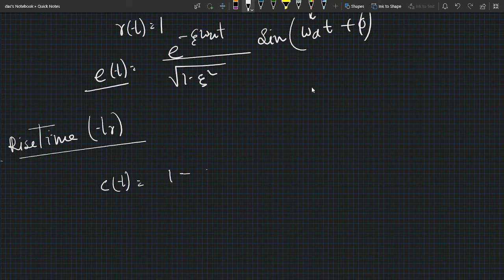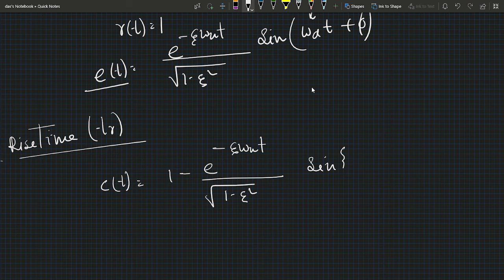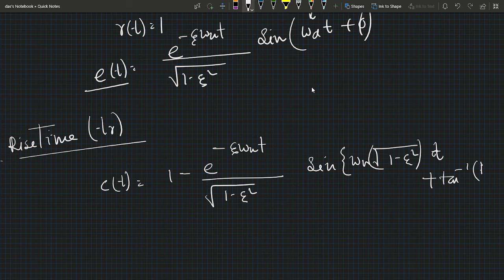Our c(t) equals 1 minus e to the power minus zeta omega n t divided by root over 1 minus zeta square into sine of omega d t, that means sine of omega n root over 1 minus zeta square into t, plus phi, meaning tan inverse root over 1 minus zeta square by zeta.